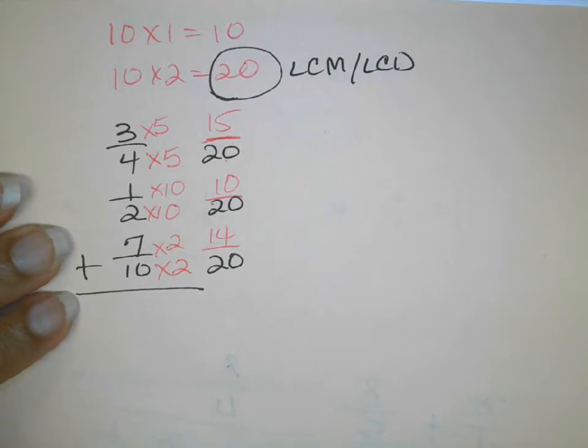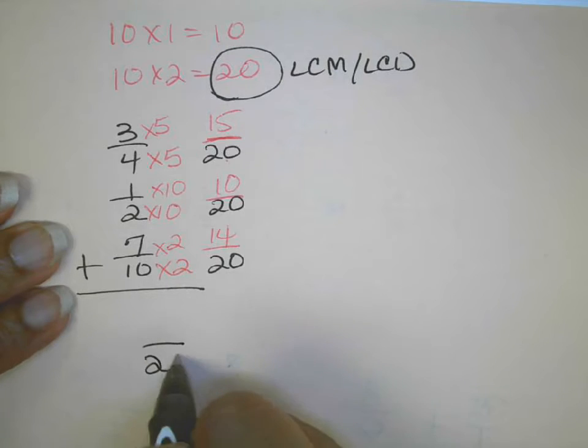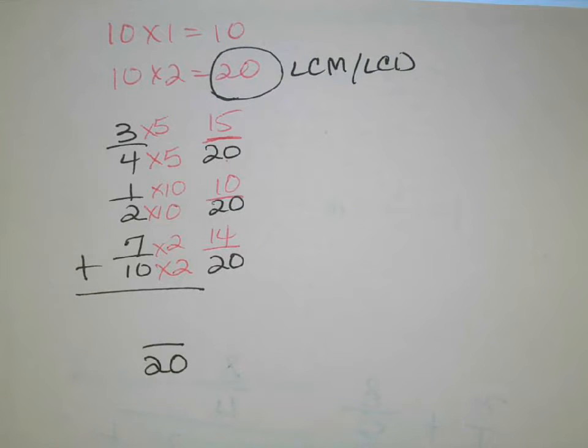Now, I'm going to write down 20 because 20 is what those equivalent fractions have in common for their denominator. Write it down. Otherwise, your brain is going to be trying to say, oh, 20 plus 20 plus 20 is 60, and that is totally wrong. Your whole here is 20. All right? Now, what is it in the numerator?